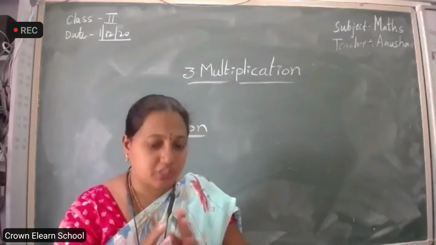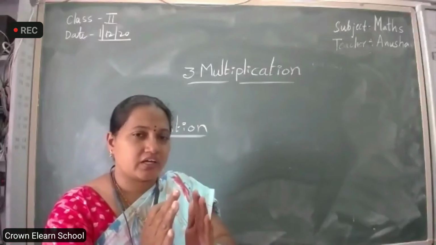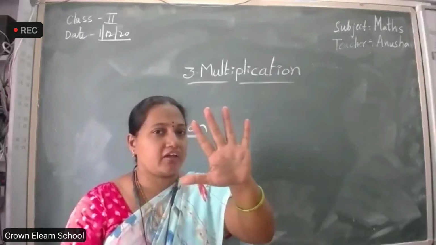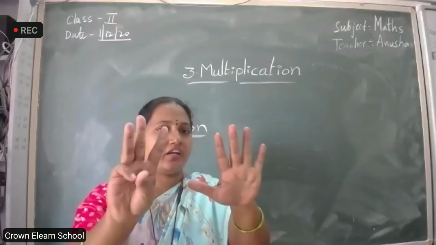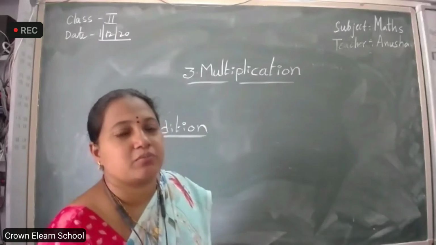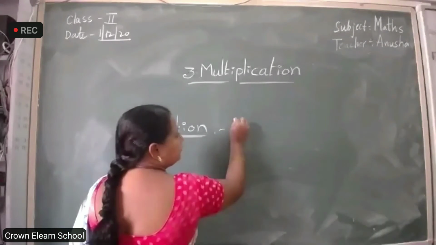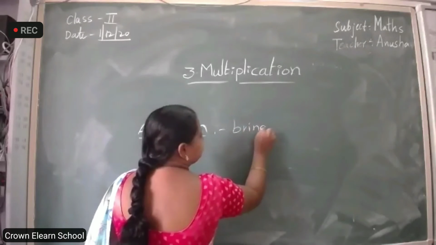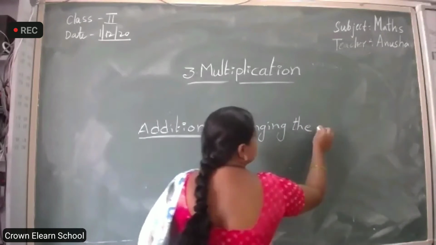Okay? Addition means what, Nana? Bringing the numbers together. So you are bringing 5 and 3 together. Bringing the numbers together is nothing but an addition. So in the addition, what we will do?